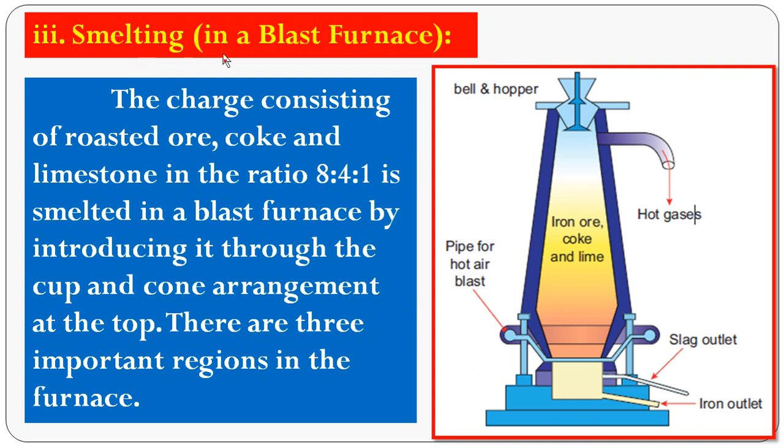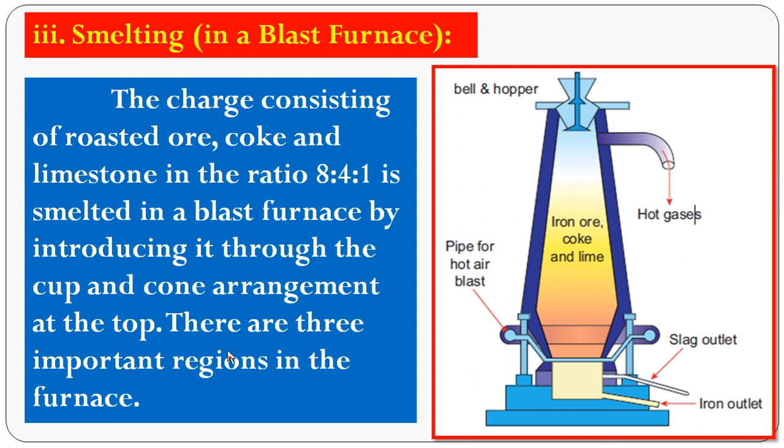The charge consists of roasted ore, which is Fe2O3, coke, which has the symbol C, and limestone CaCO3, in the ratio 8:4:1. It is smelted in a blast furnace by introducing it through the cup and cone arrangement at the top.